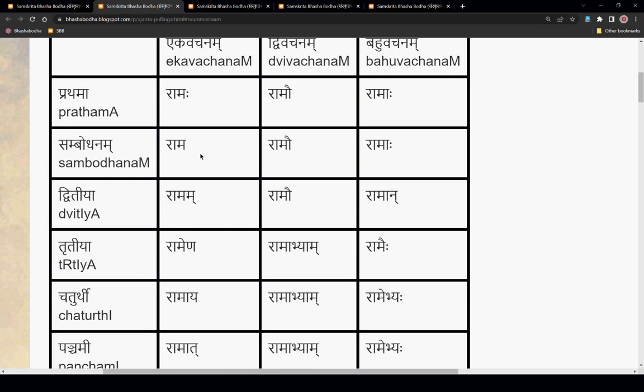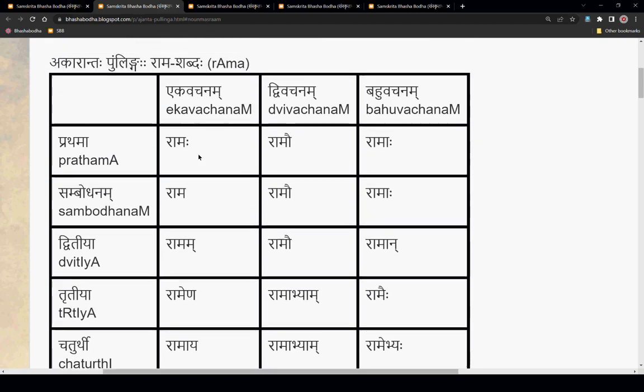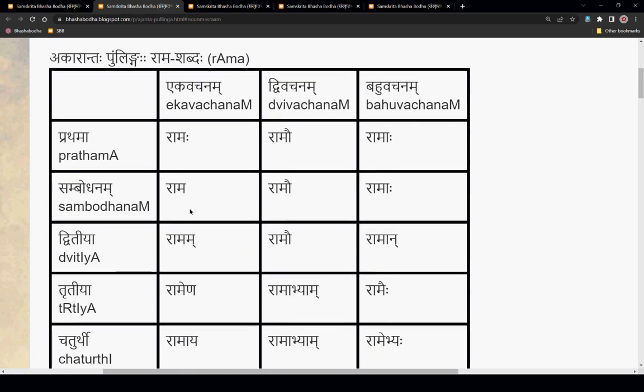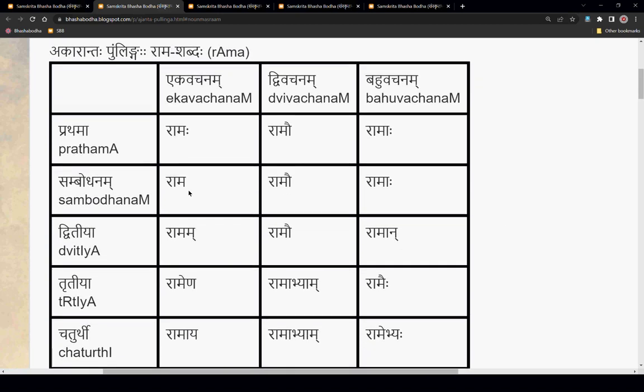So if you are calling somebody and that word is Akaranta Pullinga, you can use it like this. For example, if you want to call a boy, you can say Balaka. Balaka, atra pashyatu. Means, hey boy, look here.